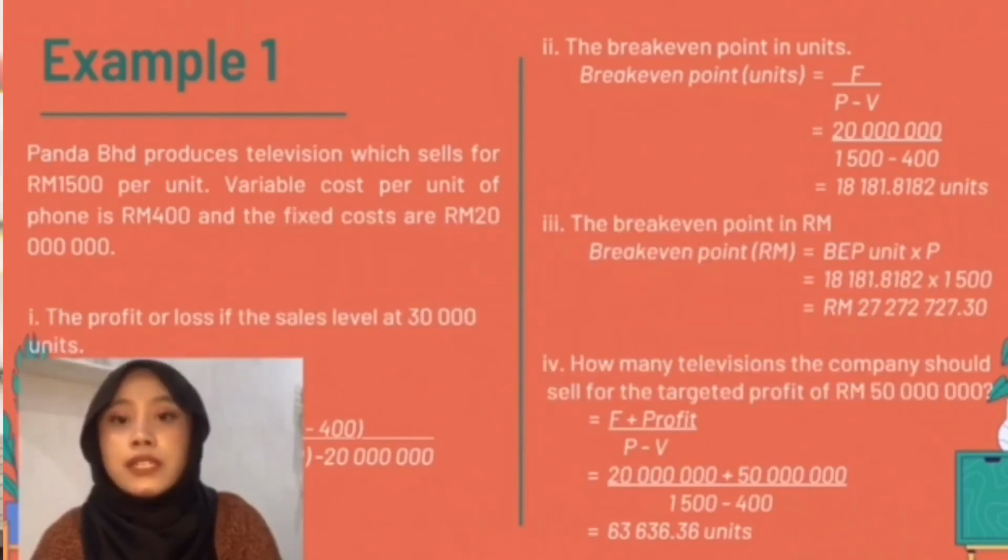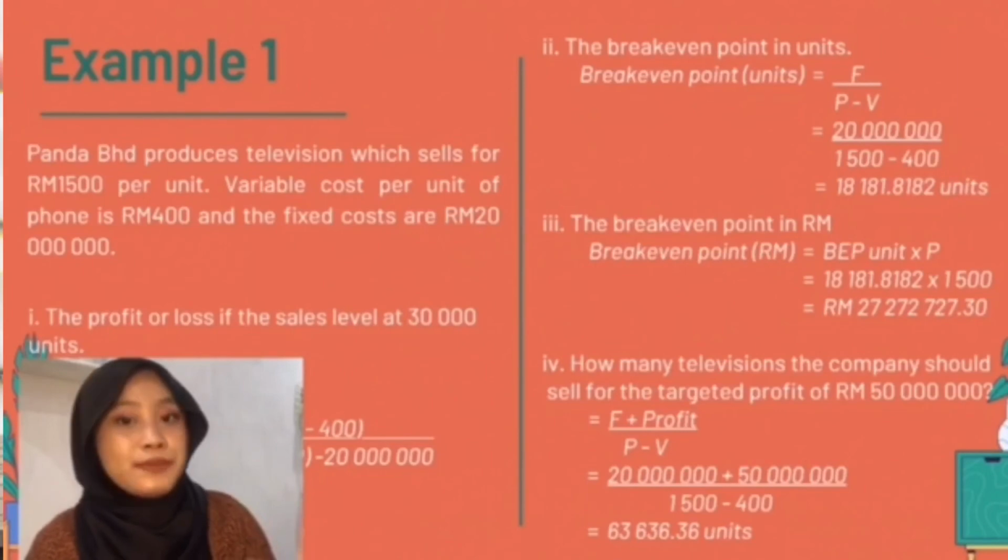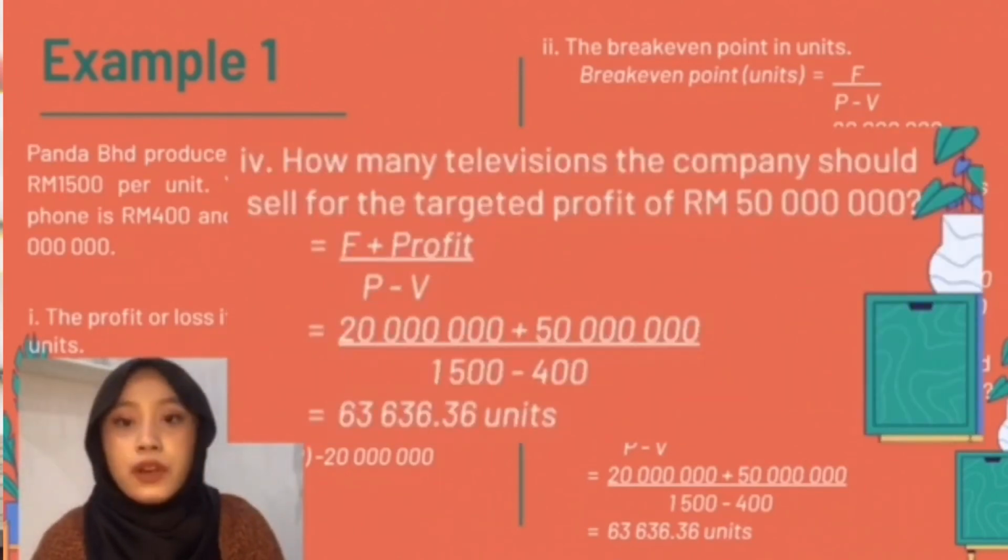The last question is how many televisions the company should sell for the target profit of 15 million ringgit using this formula, and the answer of the calculation is 63,636.36.